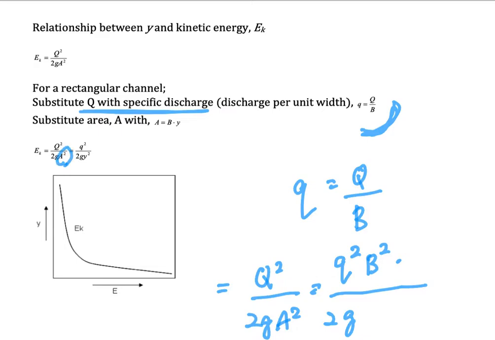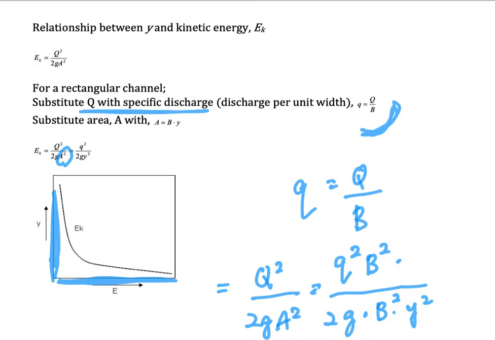Area means the width times the height, so the width is B and the height is y, giving B squared y squared.